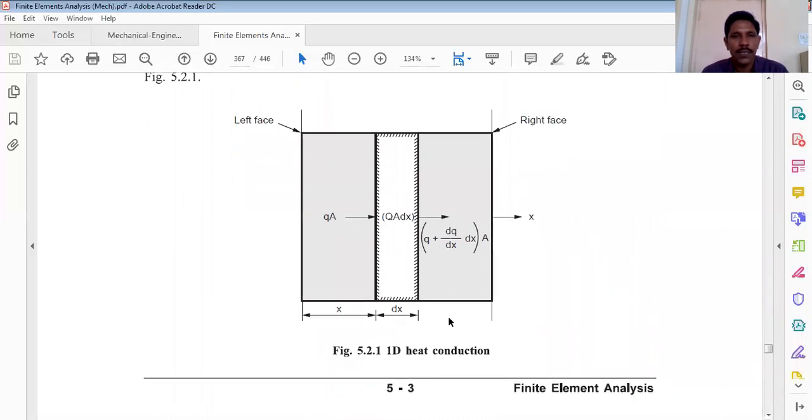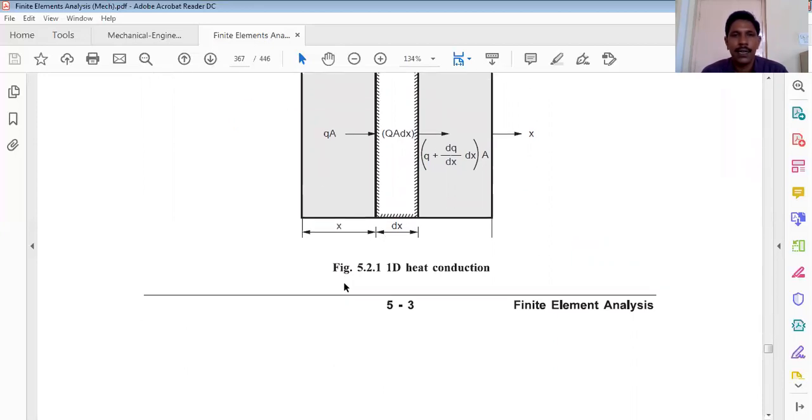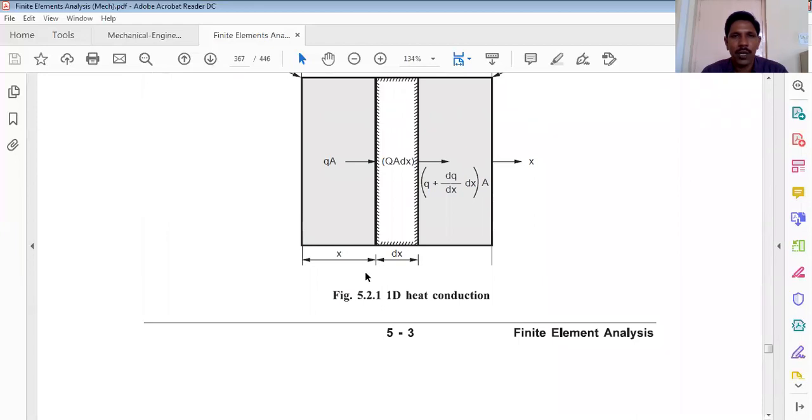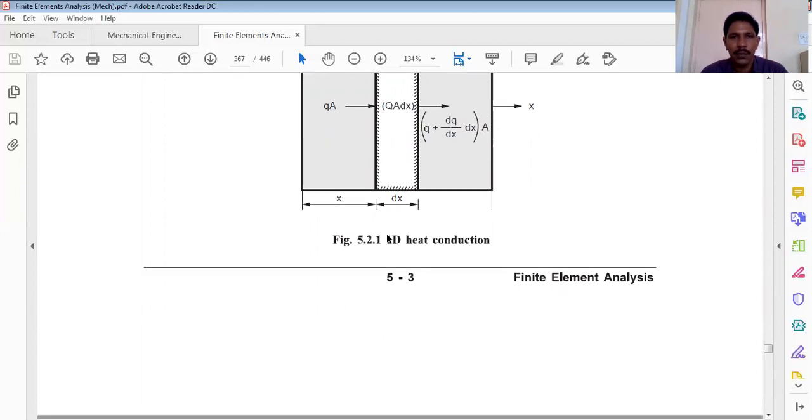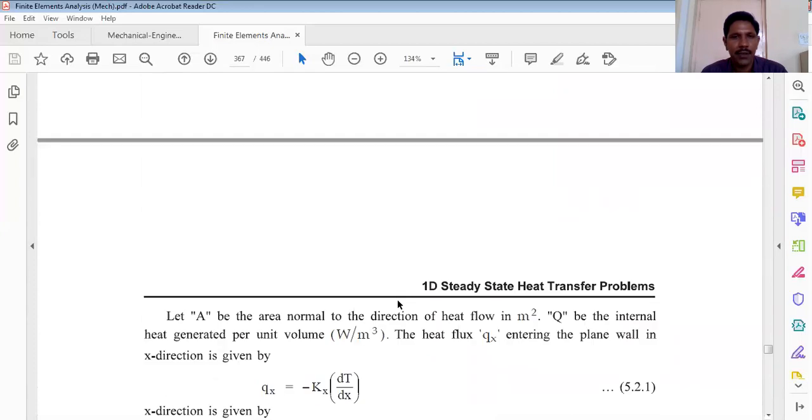So a plane wall is considered, and in this an elemental length of length dx is considered at a distance of x, and q is the heat entering into the body, and the rate of change of the heat entered is q plus dq by dx into dx, which is multiplied with the area of the wall.